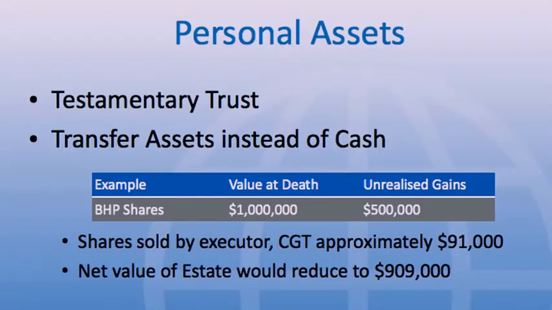Now, an easy example: $1 million worth of BHP shares with an accumulated capital gain of $500,000. If the shares were sold by the executor in this case, there'd be $91,000 of tax payable. So the amount of money paid through to beneficiaries is reduced by that tax.